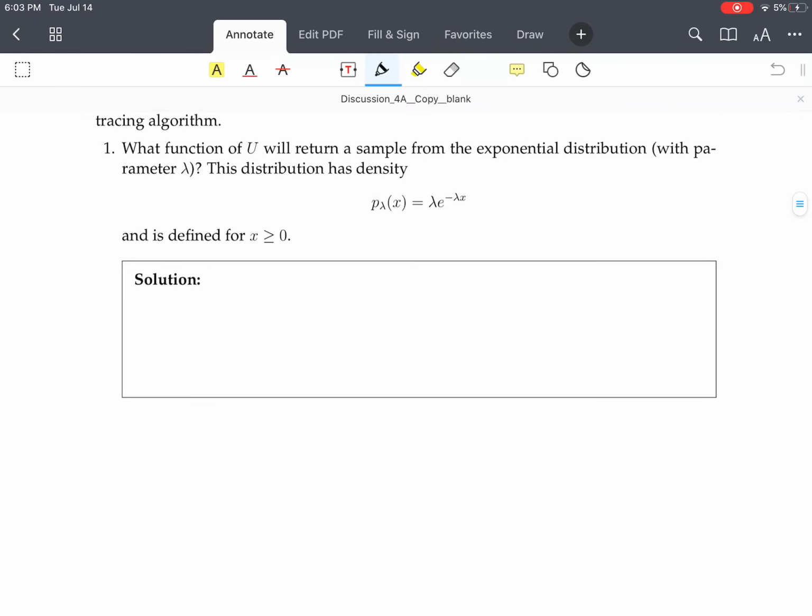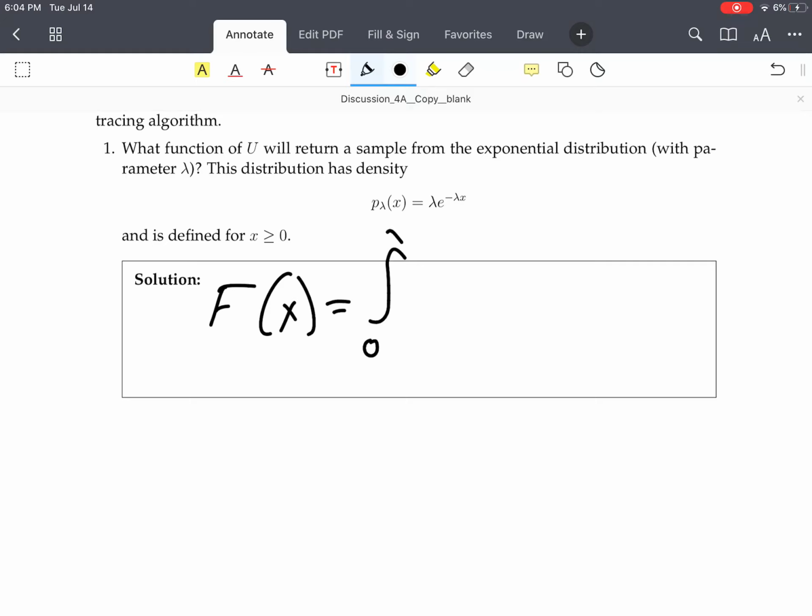The first step is to find F of x. Remember, the way you get the CDF is by integrating, so F of x is the integral from 0 to x of lambda e to the negative lambda x dx.